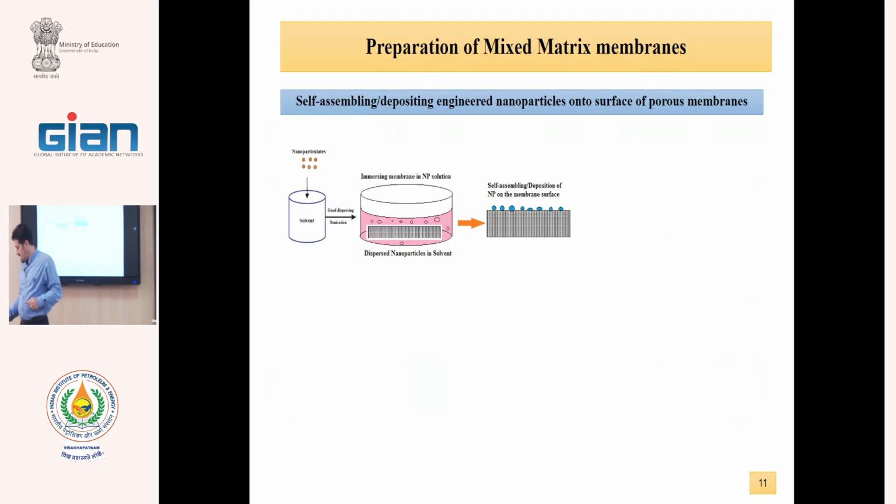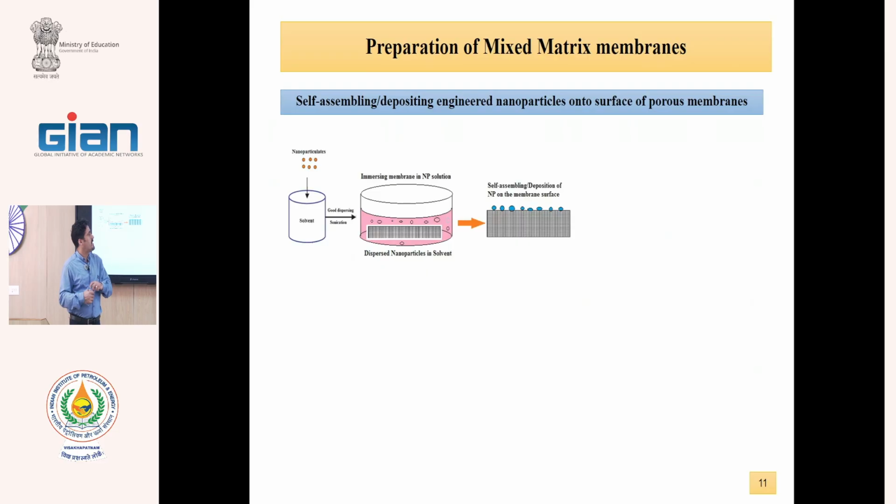For fabrication of mixed matrix membranes, there are different techniques. The first technique, used 20 years ago when it was first introduced, is the self-assembling or deposition of the nanoparticle on the membrane surface.